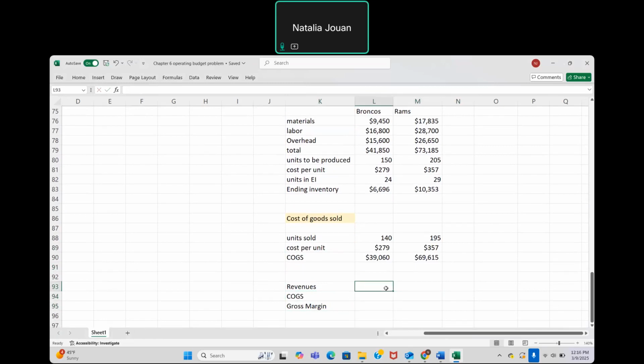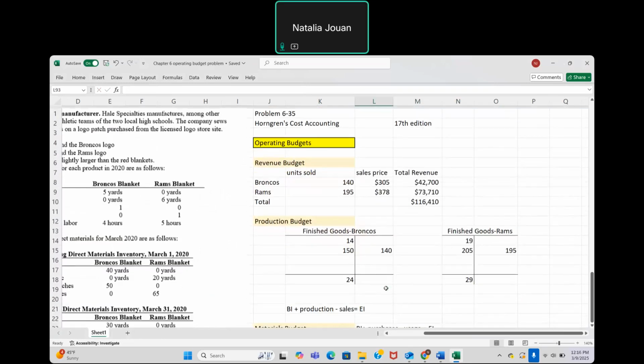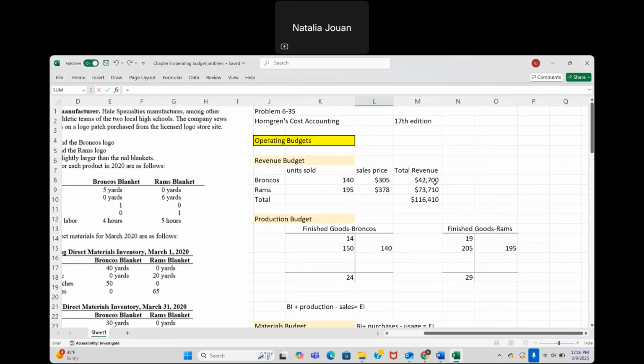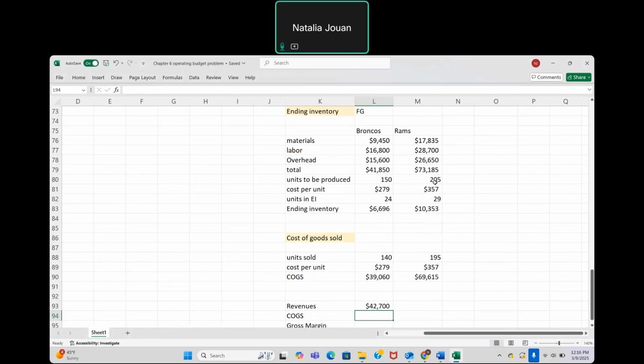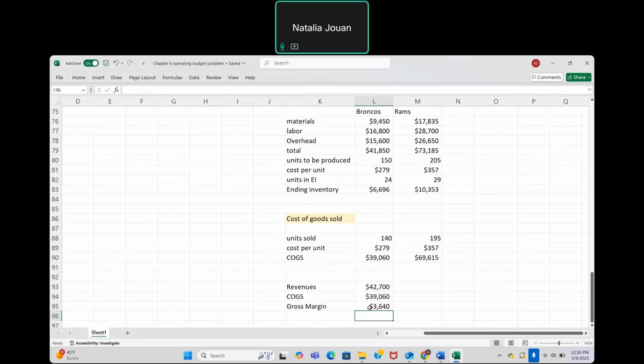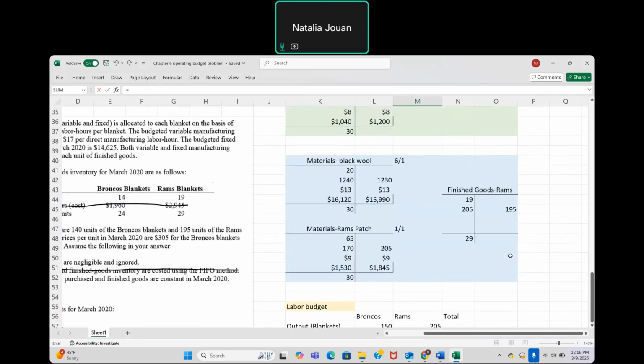Okay. So the revenues we're going to copy from the revenue budget. Total revenues for Broncos. And we're going to subtract the cost of goods sold. Revenues minus the cost of goods sold. 3,640, that's our margin. Okay. And we do the same for the rams.